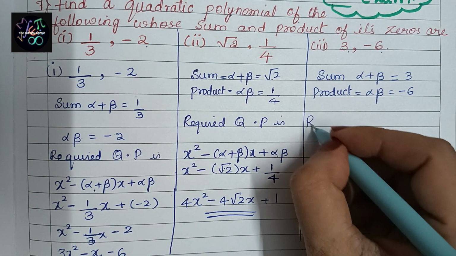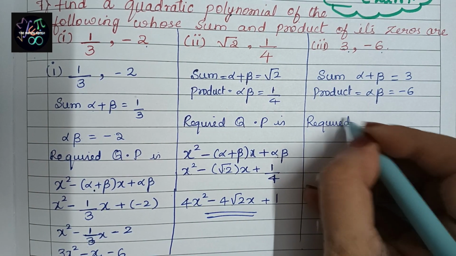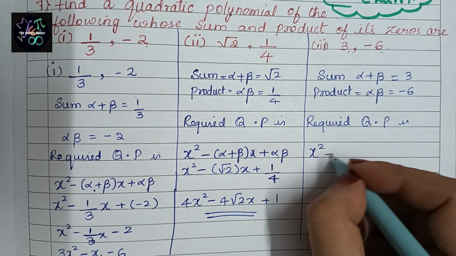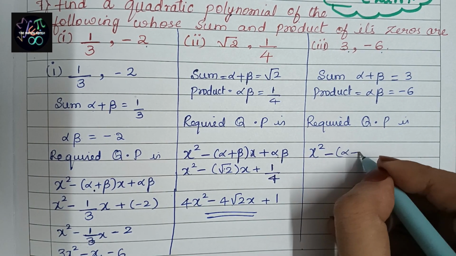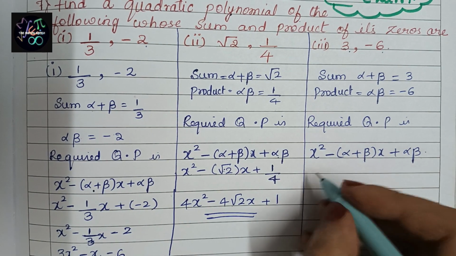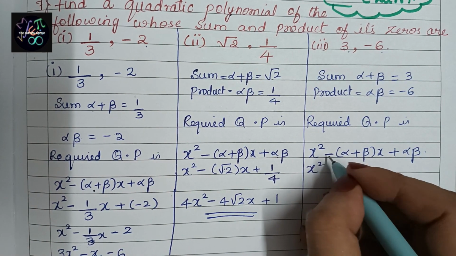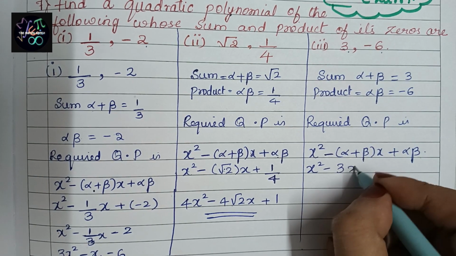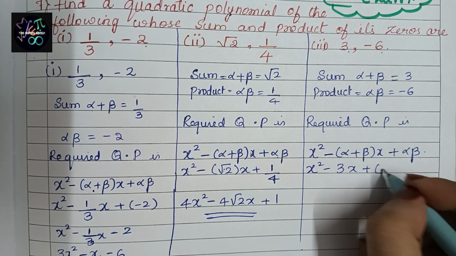Now the required quadratic polynomial is x square minus (alpha plus beta) x plus alpha beta. X square as it is, minus sign as it is, alpha plus beta is 3x, plus alpha into beta is minus 6.